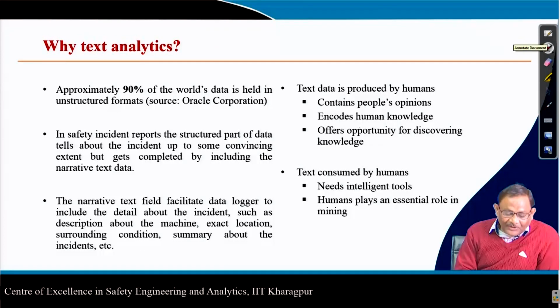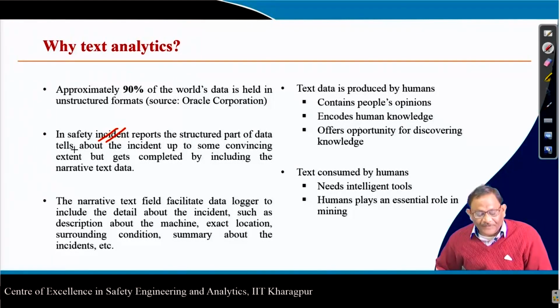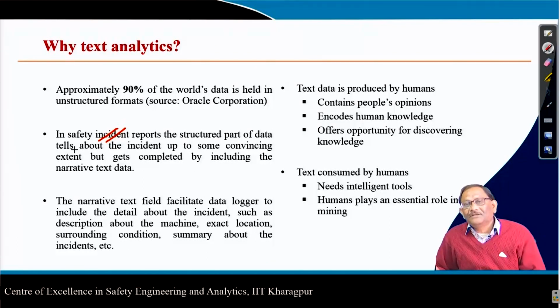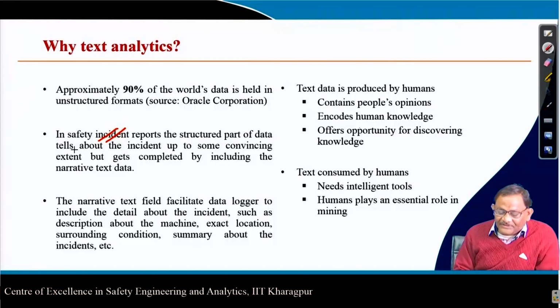I have already told you that if you talk about safety reports, forget about only incidents, you will find incident investigation reports, inspection reports, audit reports, HIRA reports, HAZOP reports, what not, and maintenance reports. So many things are there. These reports give you some initial information, to some extent convincing about the purpose of the report, but mostly it is text data.